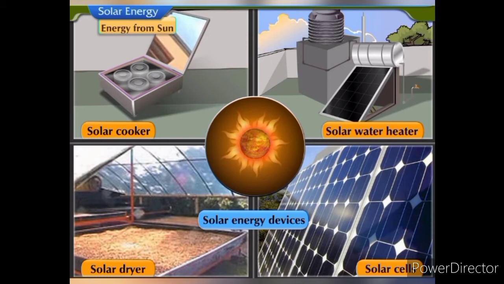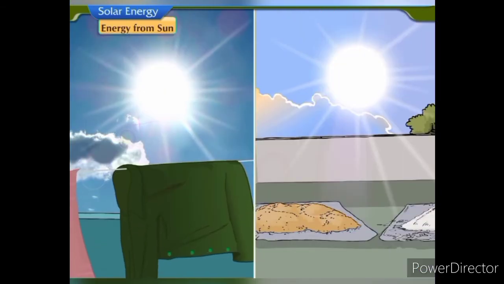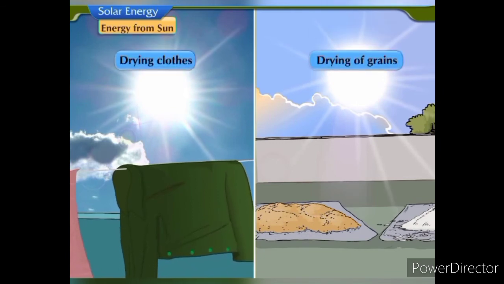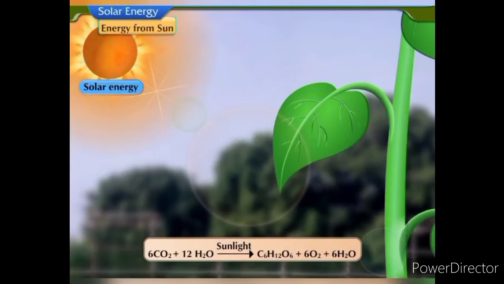These are the devices which work using solar energy. Where do you use solar energy directly? Use of direct solar energy is in drying of clothes, drying of grains, etc. Plants use solar energy to prepare their food by the process of photosynthesis.